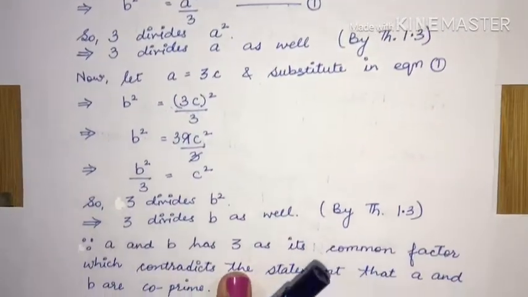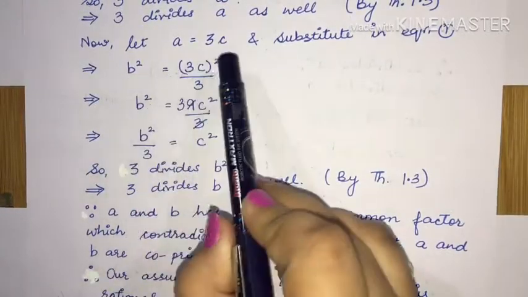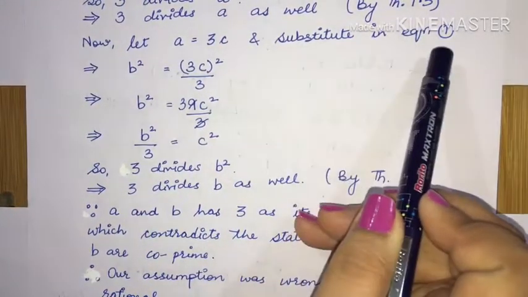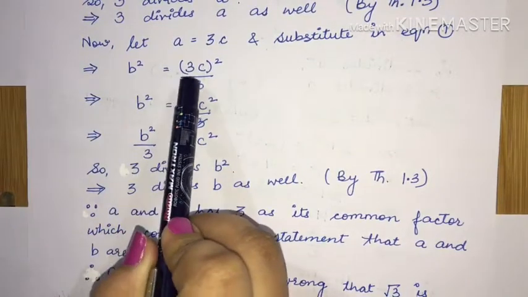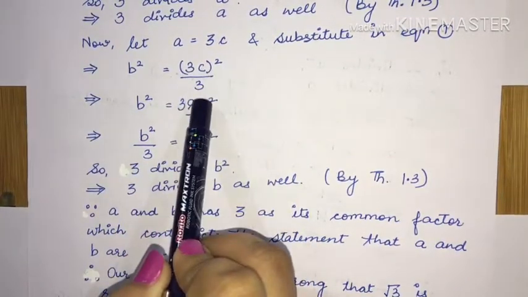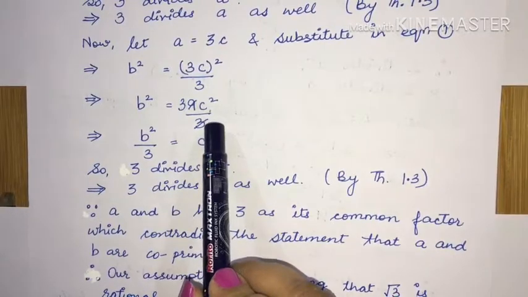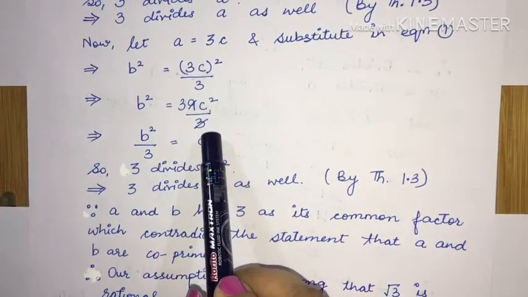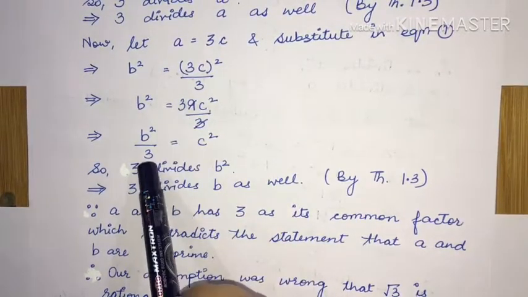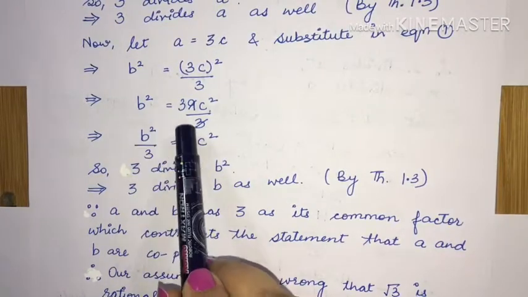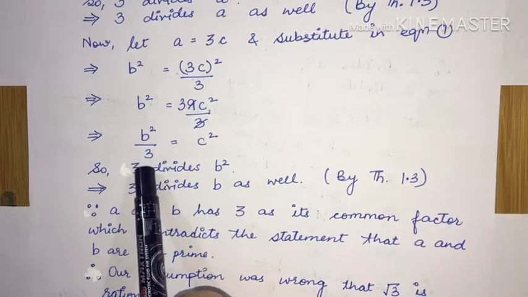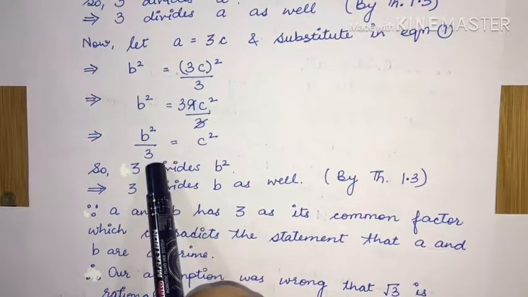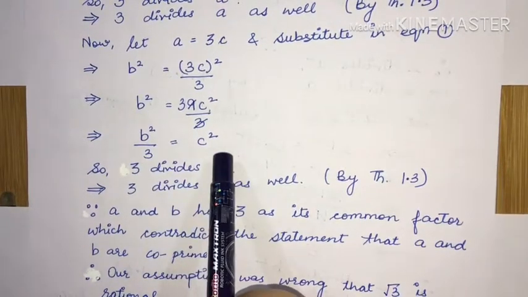Now, let a be equal to 3c and substitute in equation 1, which implies b square is equal to 3c whole square upon 3. After squaring it, we'll get 9c square upon 3. And after cancellation, we get b square is equal to 3c square. Now we have cross multiplied 3 over here. So we get b square upon 3 is equal to c square.